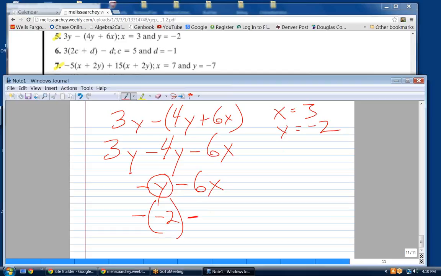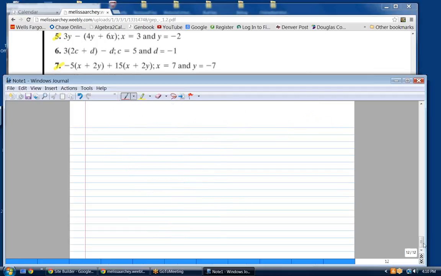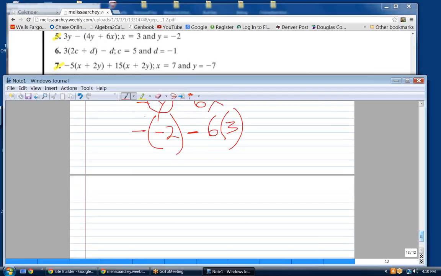In other words, what I'm suggesting here is don't take any shortcuts. The moment you start taking shortcuts, you're going to lose a negative sign when you substitute. Now, you can't make any mistakes because a negative 2 is a positive 2 minus 18, which is negative 16.